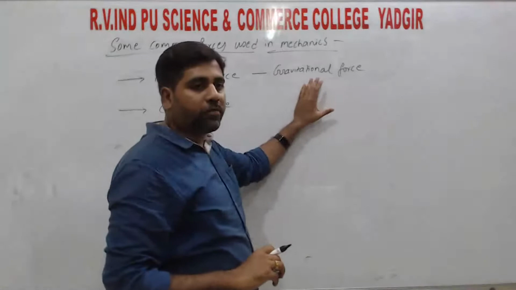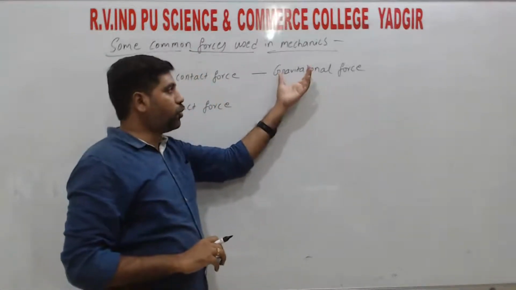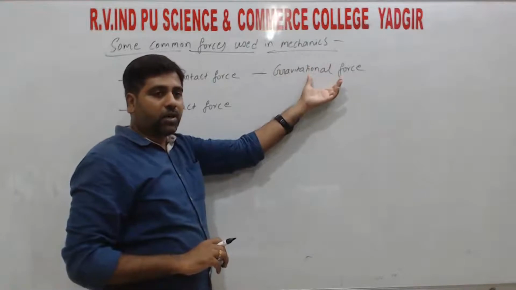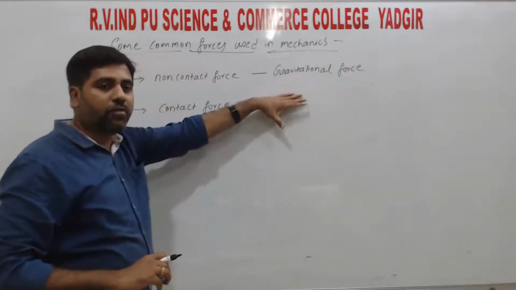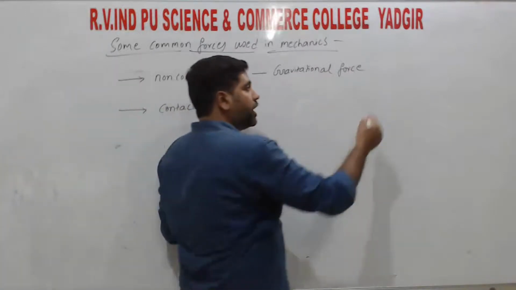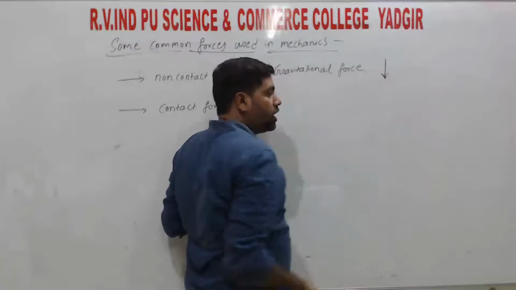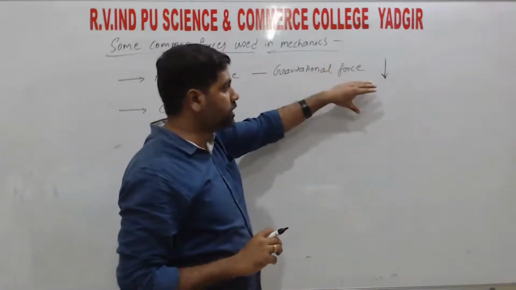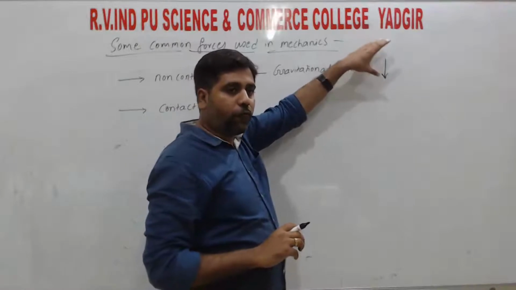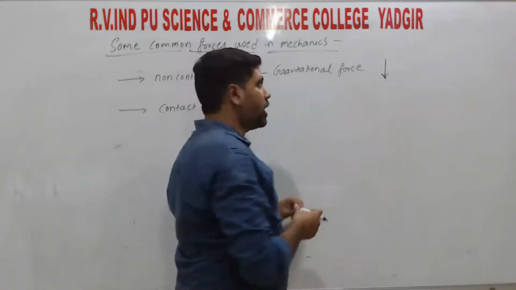So every object which is attracted by the gravity of the earth experiences a force that we call the gravitational force, and it is also a vector, so its direction is always towards the center of the earth. That means the arrow should be in the downward direction, right? So when gravitational force acts on an object, it is always towards the center of the earth.